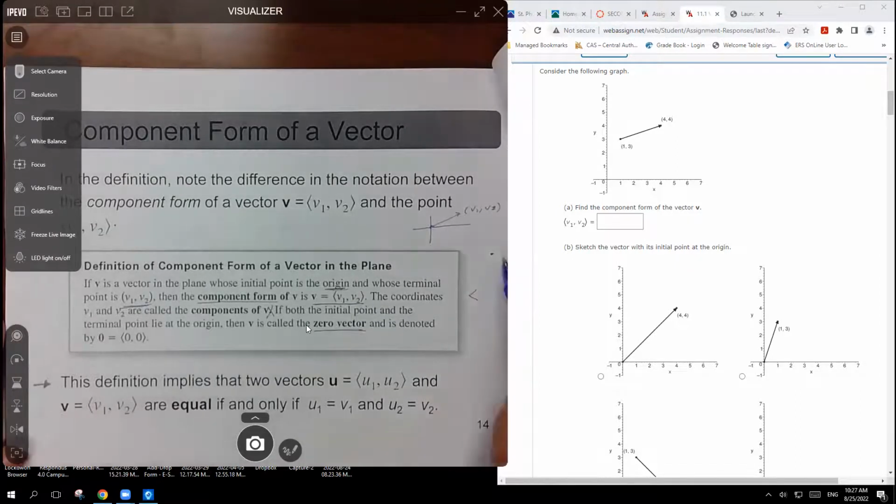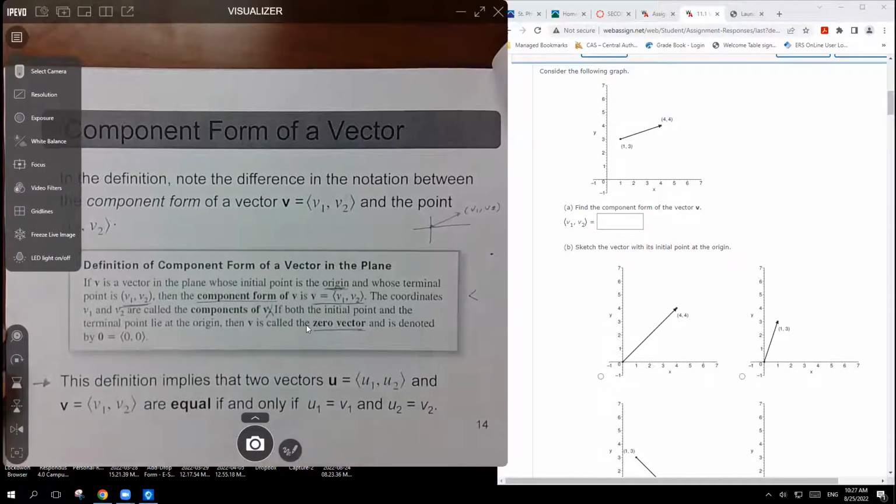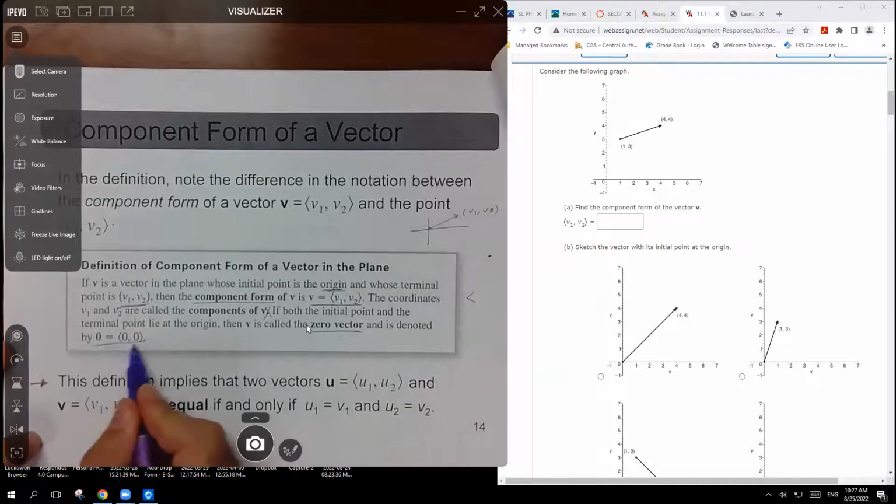This is the initial point, and this is the terminal point. So just say zero vector, because the zero vector is a vector also, where the initial point is zero and the terminal point is zero. This is the component form for the zero vector.